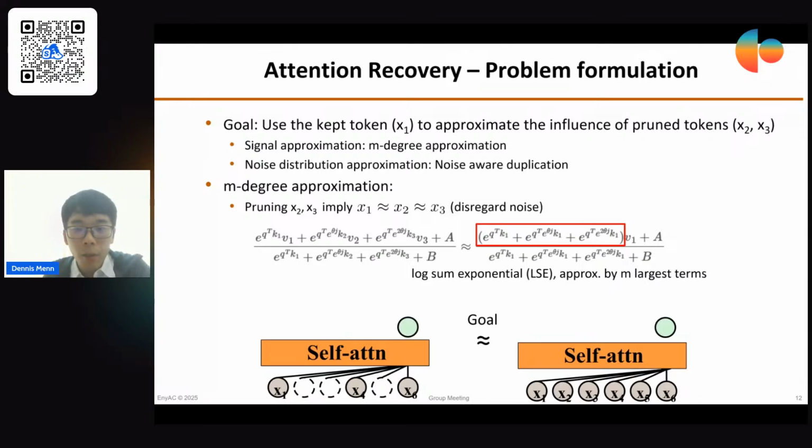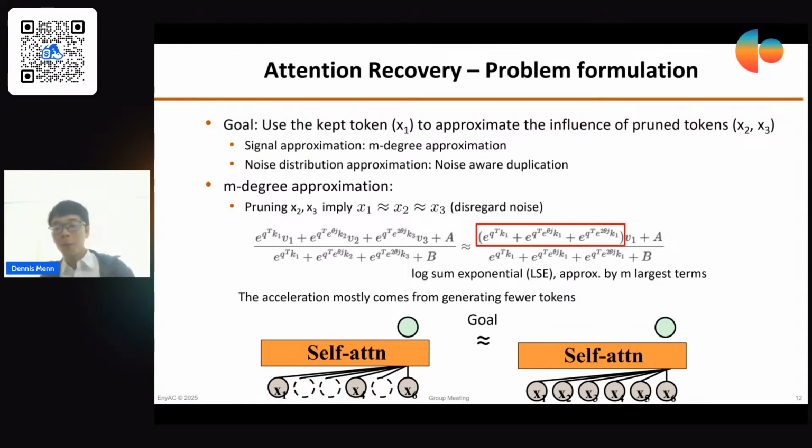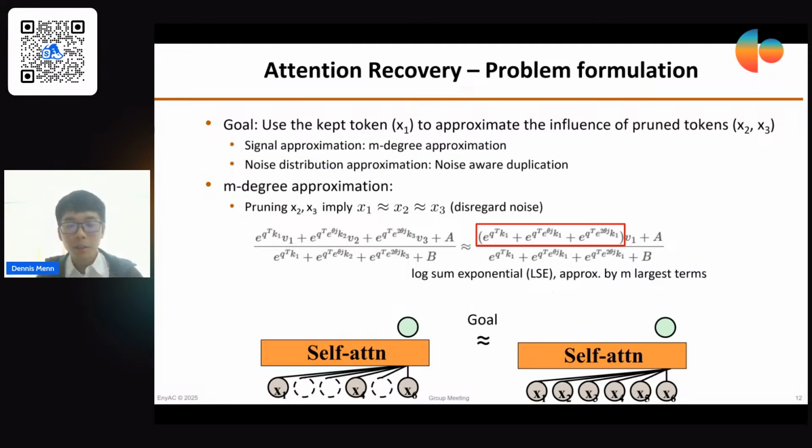So instead of calculating the full attention, you only have to calculate the m terms. This is where the memory saving comes from. But you can ask, where does the acceleration come from? You might want to think about it. Where does the acceleration mainly come from? It's actually coming from you generating fewer tokens.